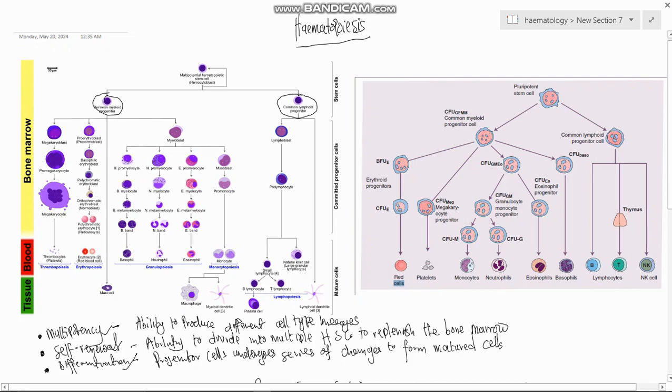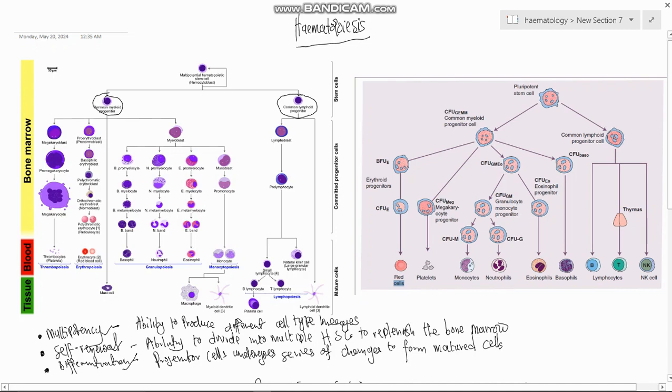So these lineages or these progenitors undergo differentiation to produce matured cells of different lineages. Okay, so we can see from this diagram that the common myeloid progenitor is capable of differentiating into the megakaryocytes or the platelets, and then the red blood cells or the erythrocytes, and then the basophils, the neutrophils, the eosinophils, and the monocytes.